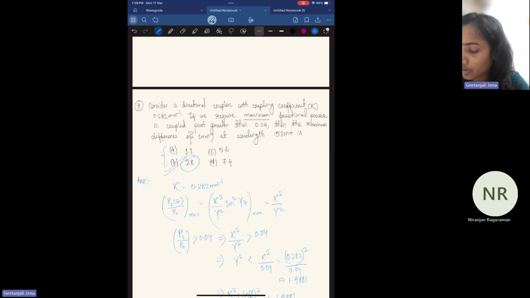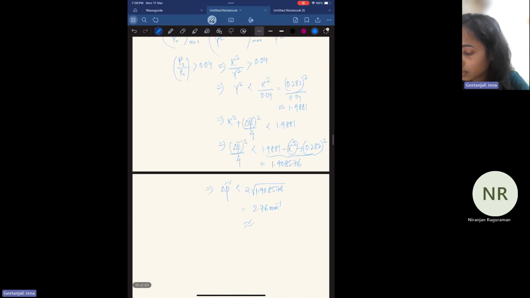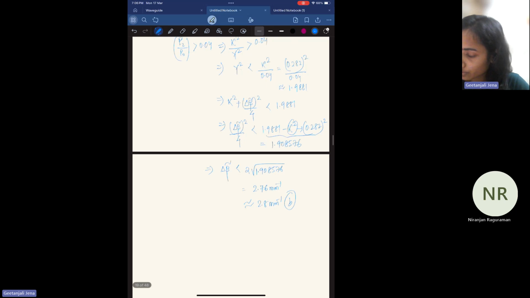So that means the answer will be 2.8. So the maximum difference is 2.8. Okay, so let us move to our next problem.